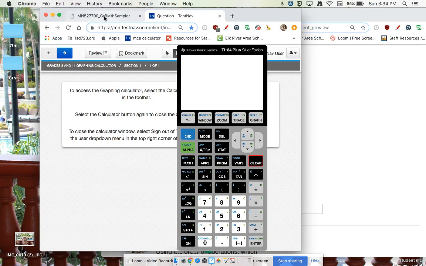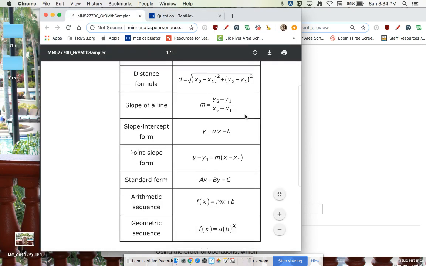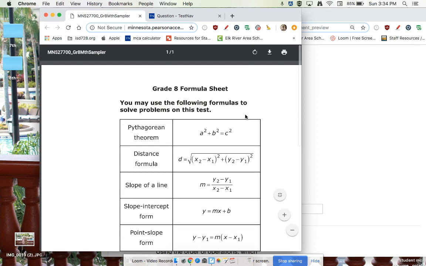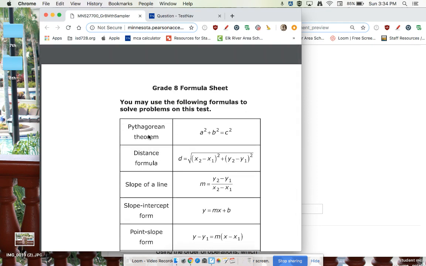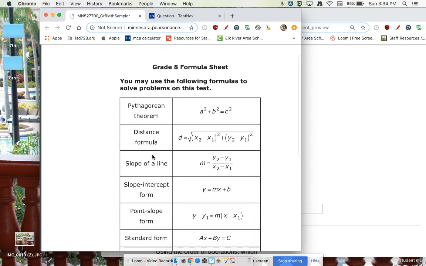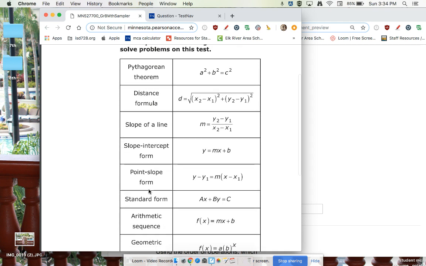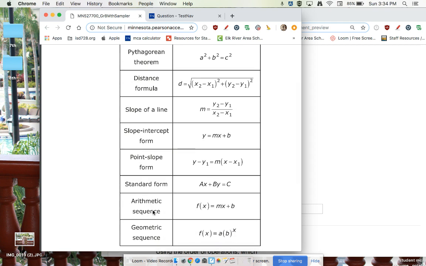It's an awesome AVID strategy. So I look at the formulas that the MCA gives me: Pythagorean, the distance formula, that one-day lesson we had, slope of a line, slope-intercept, point-slope, standard, arithmetic sequence, geometric sequence.